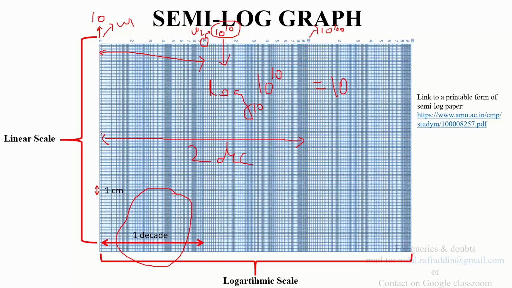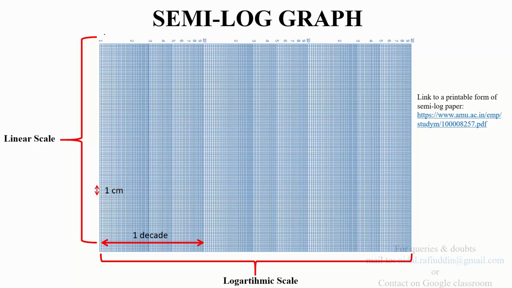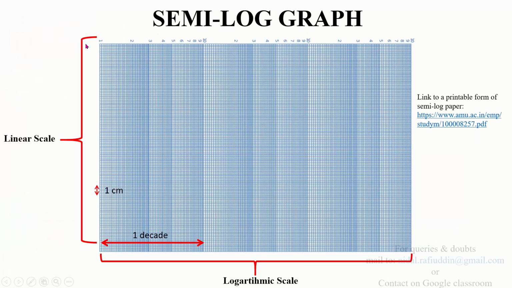Then again, this gap becomes 3 decades. So the gap between this point and this point on the log scale is a decade. Likewise, between this point and this point is again a decade.